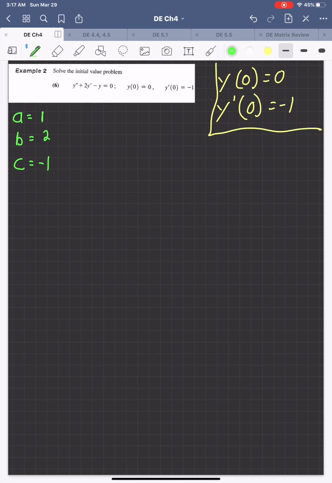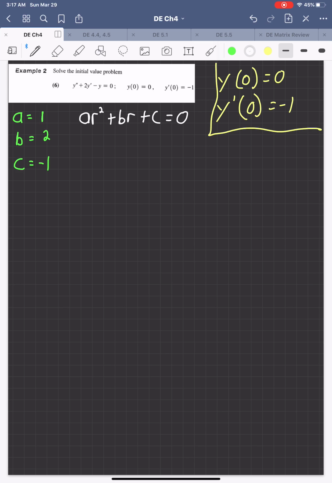All right? Now, remember the original auxiliary equation is ar squared plus br plus c equals 0.